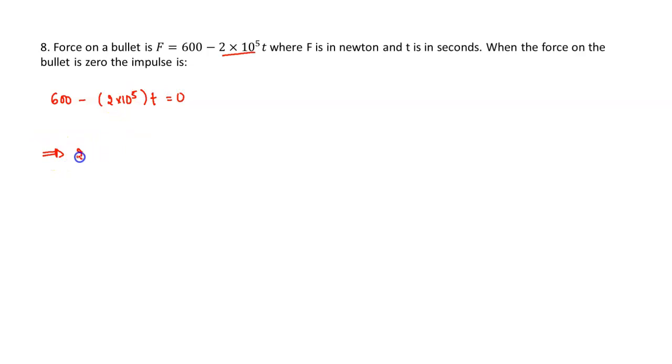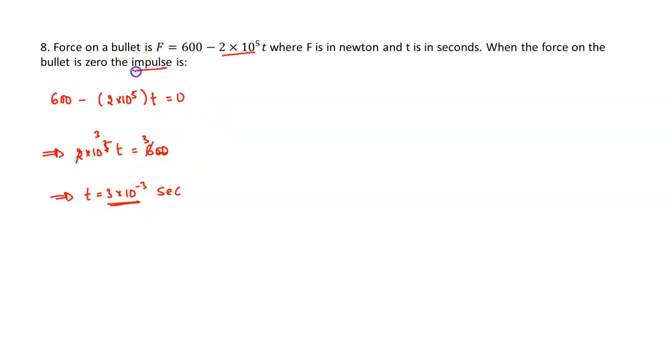So here 2 into 10 power 5 into T will be equal to 600. This will be 10 power 3 times, and 6 we can cancel out 3 times. So time here will be equal to 3 into 10 power minus 3 seconds. So the time at which force will become 0 is 3 into 10 power minus 3 seconds.